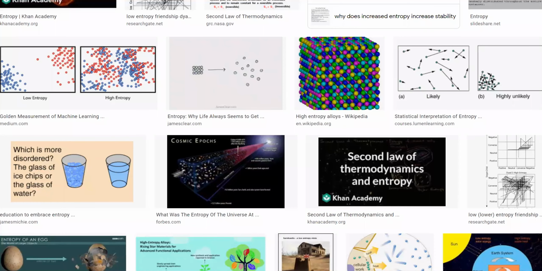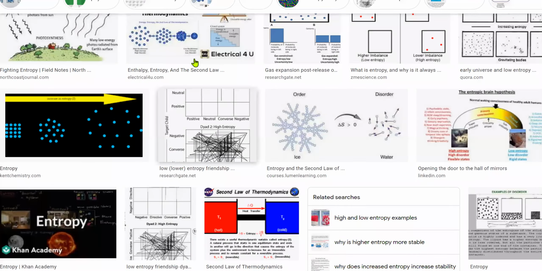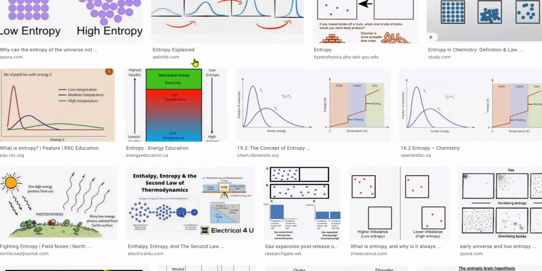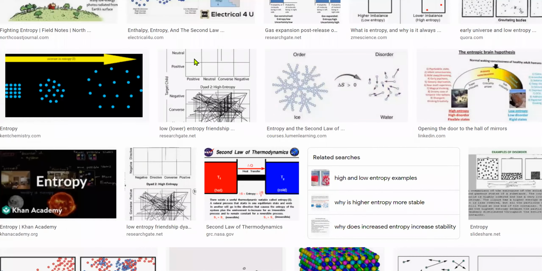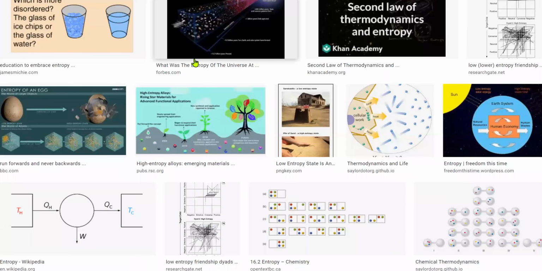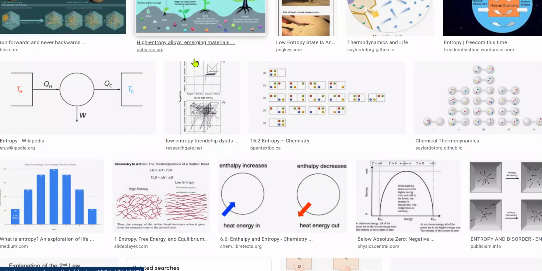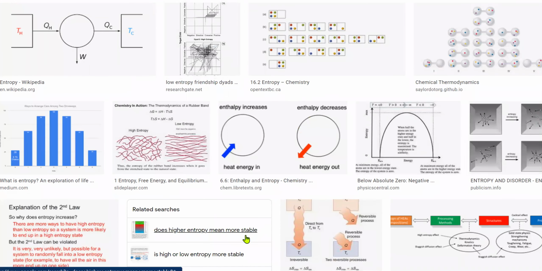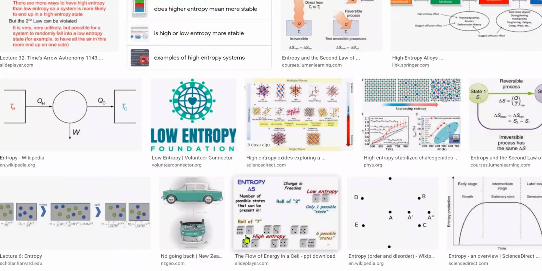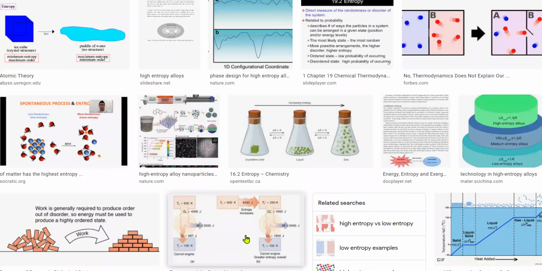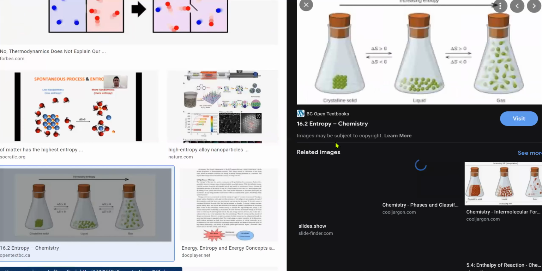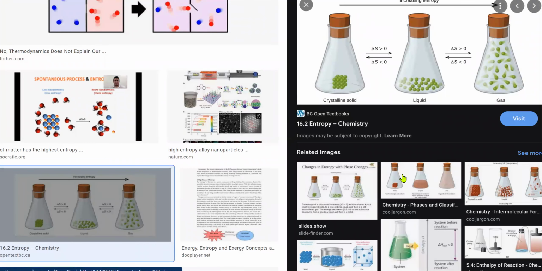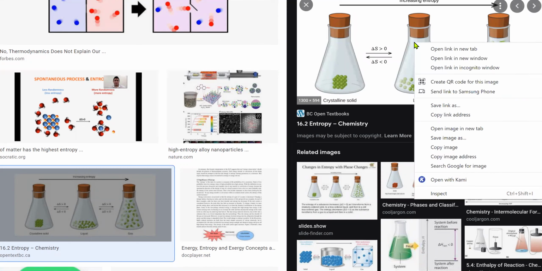You can see solids, liquids and gases. I did see a diagram somewhere. Just a second. So this one, okay, that's a good one. Let me just copy it.